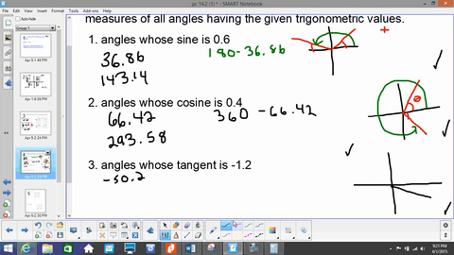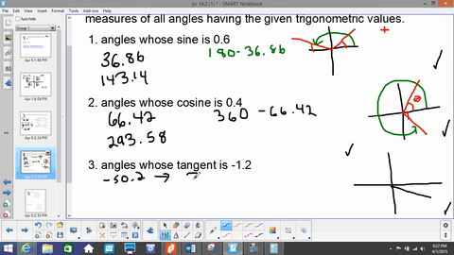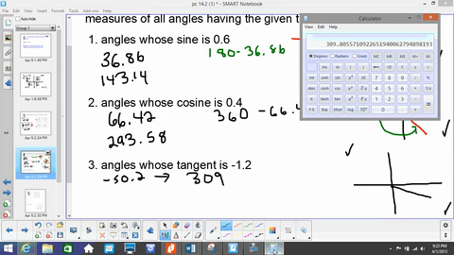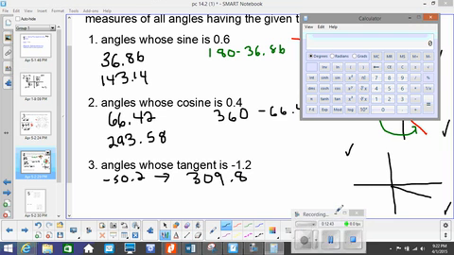Well, I want to write that as a positive angle. Remember, negative is you're going clockwise. So that is just going to be adding one rotation. So let's go ahead and add 360 to that. And I get 309.8. All right, well, that's the one that would be in quadrant number 4.